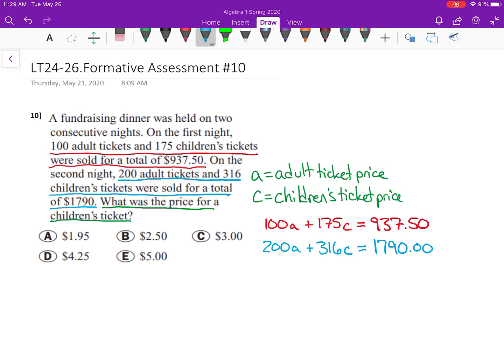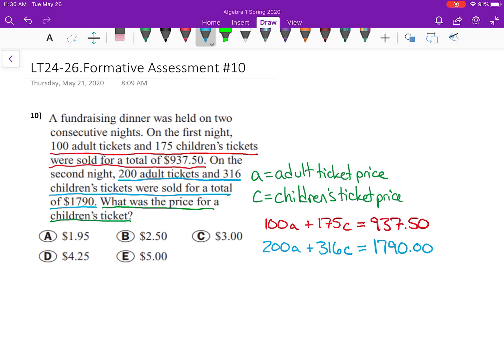Now I have my system of equations, and I just have to choose a method for solving it. So if I think of my 3 methods and look at my equations, graphing might be a little tricky with these numbers. Substitution, well, I can get a variable by itself, but that might create some tough work.